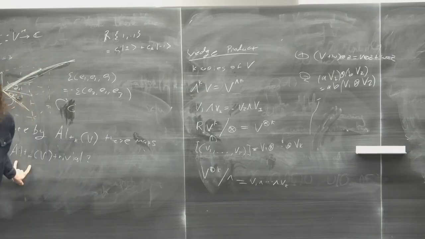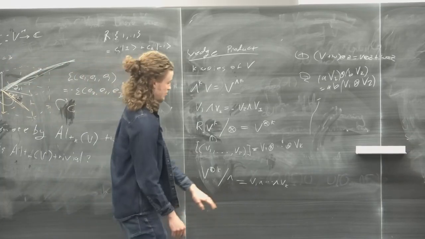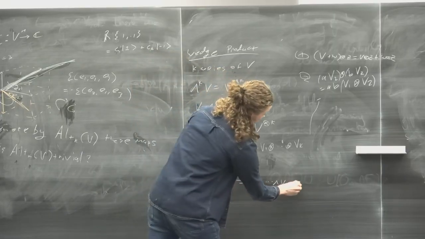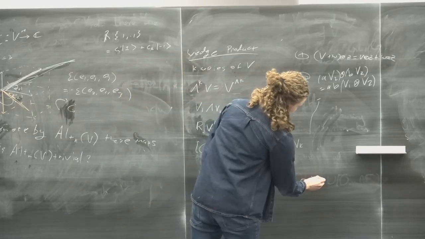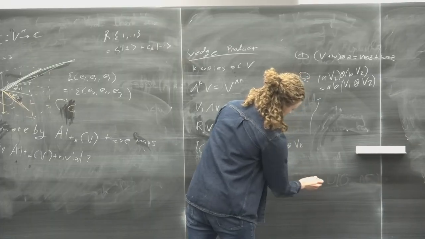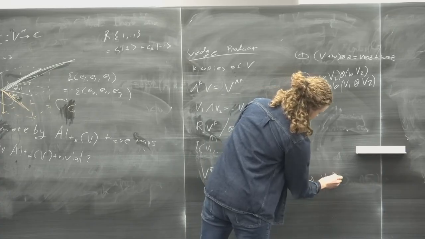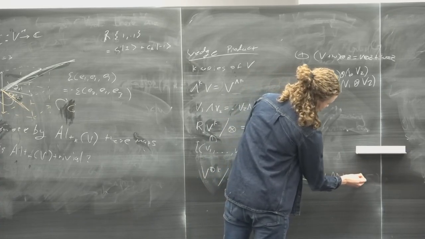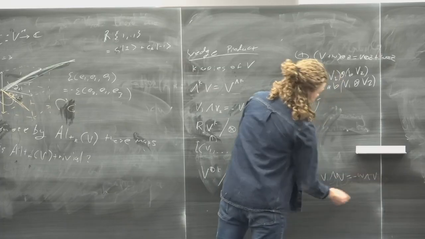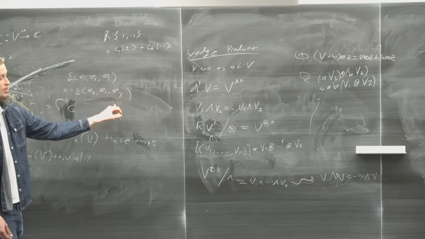I didn't finish talking about this: for elements of this form we quotient, and the relationship between the vectors is that v wedge w is always the negative of the swap. This is exactly the property that we want in the arguments here.